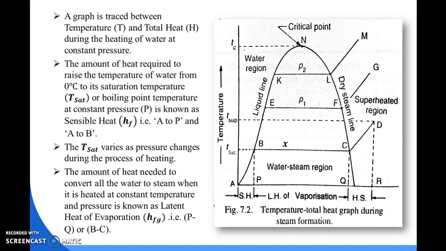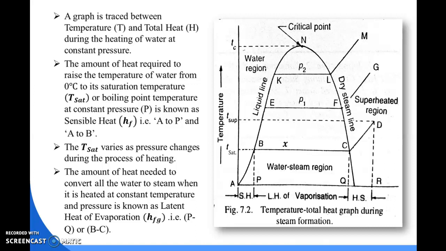In this process, the pressure is P1. If we increase the pressure to P2, then the graph will be A, E, F, G. Similarly, if we increase the pressure again, then A, K, L, M. In that manner, the graph will be there if we increase the pressure.